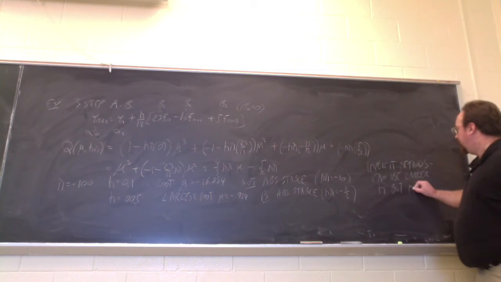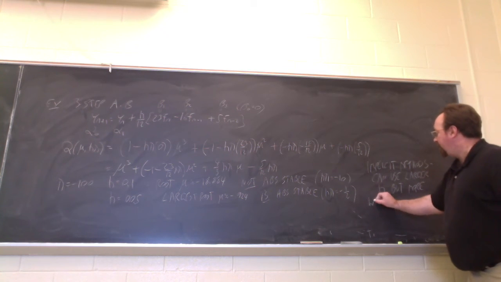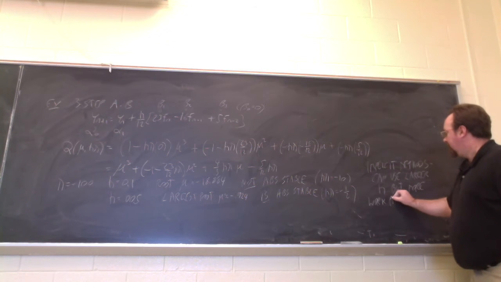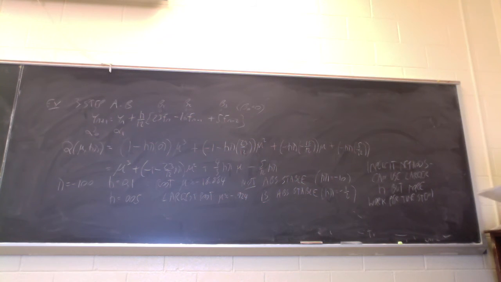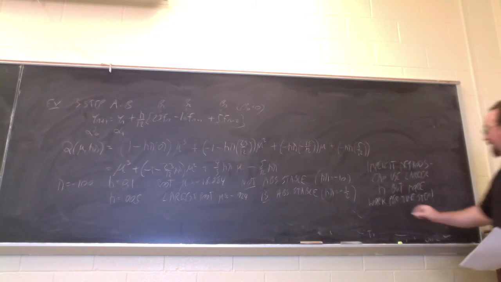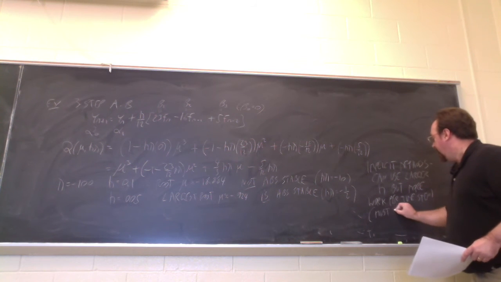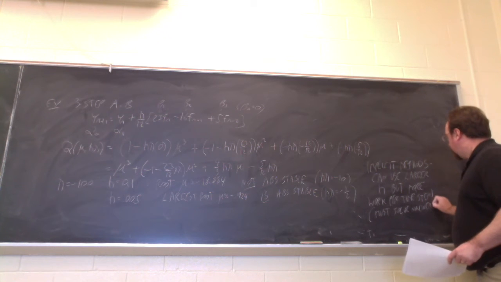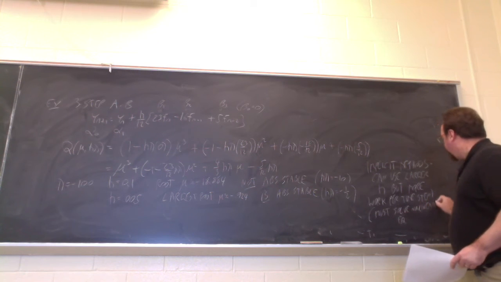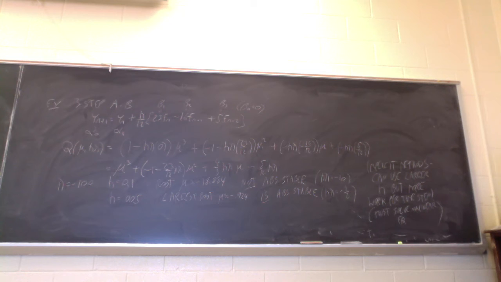But you're doing more work per time step, because you have to solve a nonlinear equation using some of the iterative methods that I talked about last semester, like Newton's method or the secant method.